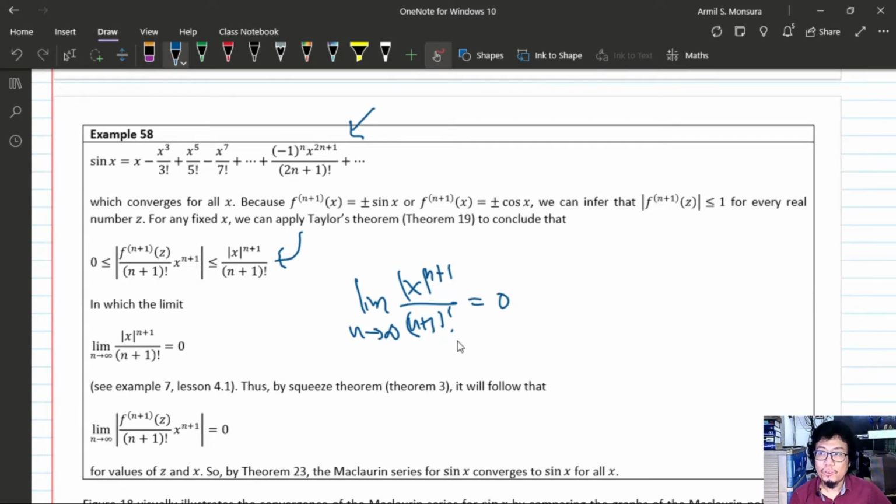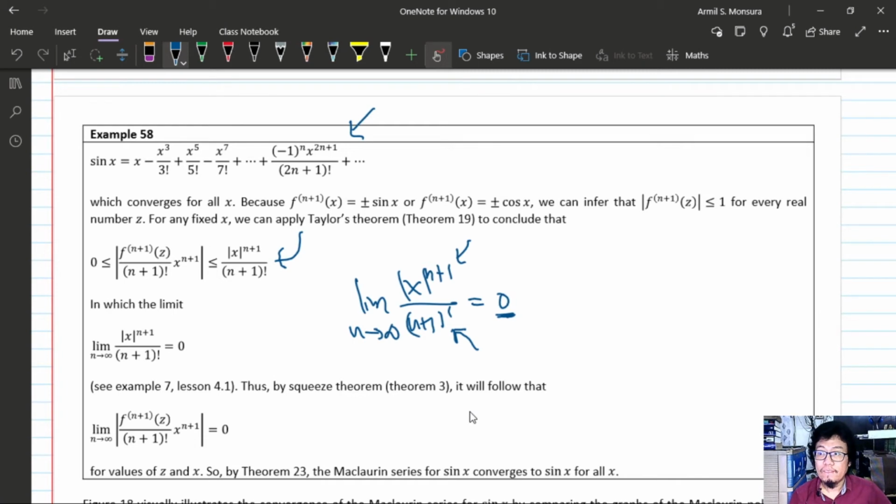This is an exponential over a factorial. We've been talking about this from the start. If you're taking the limit of an exponential over a factorial as n approaches infinity, the factorial rises rapidly, so the denominator will become a very large number compared to the numerator at some large n. So slowly, this limit would actually approach 0.